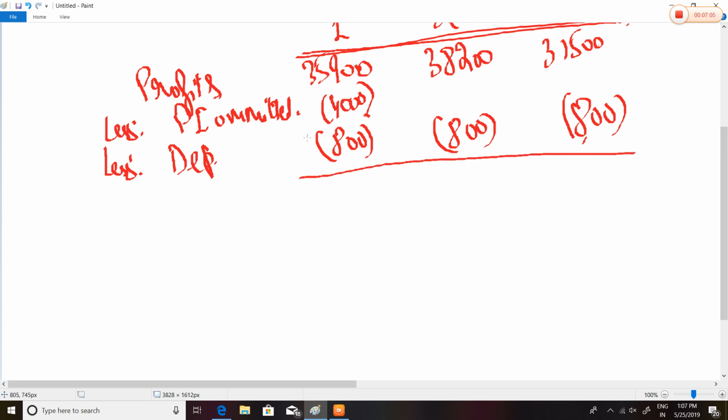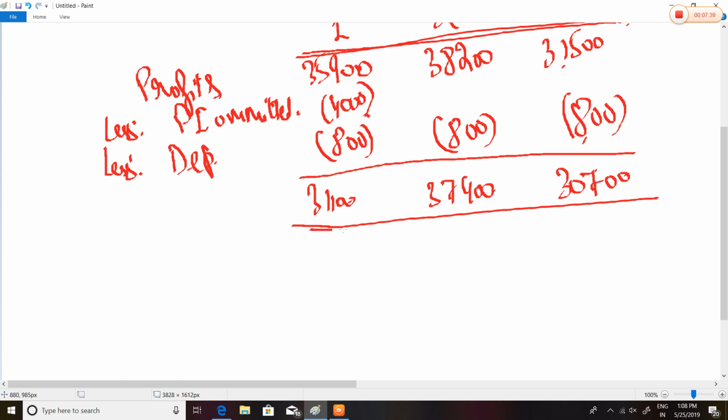That will be 29,100. No, sorry, it will be 31,100. Okay, sorry, 31,100. 38,200 minus 800, so it will be 37,400. 31,500 minus 800, 30,700 would be here. So these are adjusted profits or correct profits.